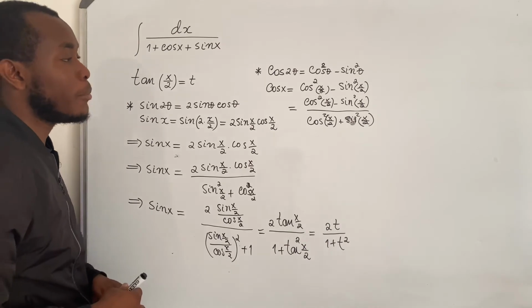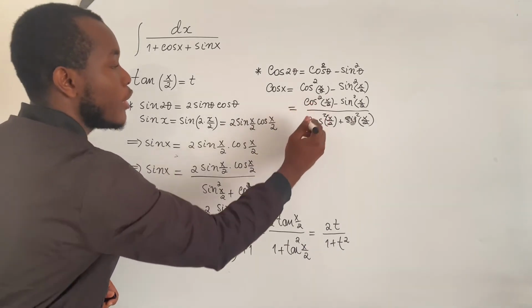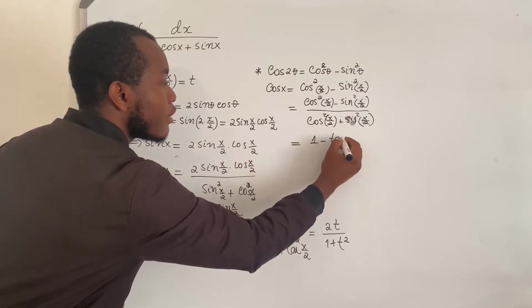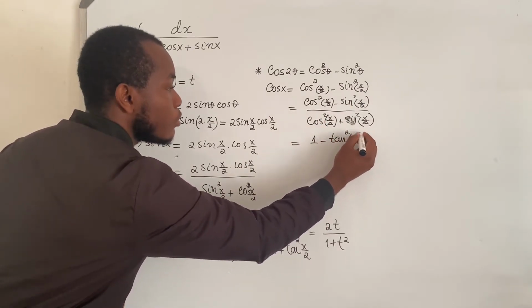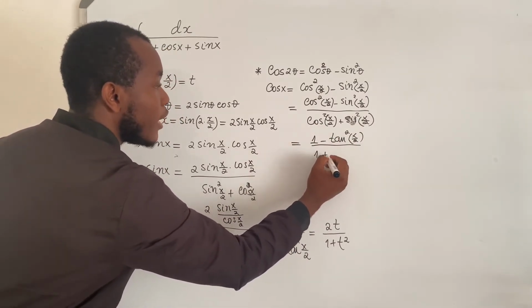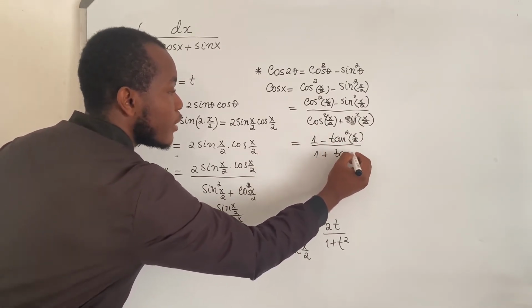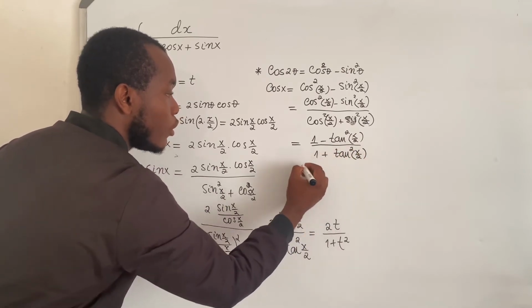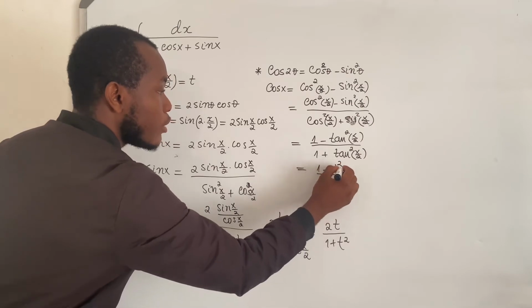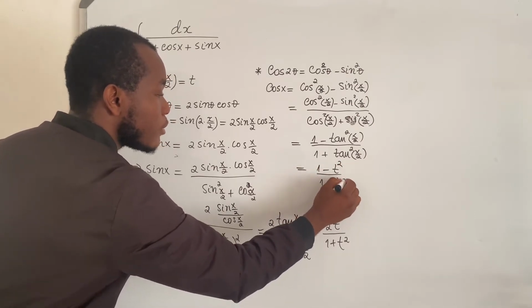So if we divide by cos squared, in this particular case will be 1, there will be minus tan squared of x over 2 over, here will be 1, plus, here will be tan squared of x over 2, which will result in 1 minus t squared over 1 plus t squared.